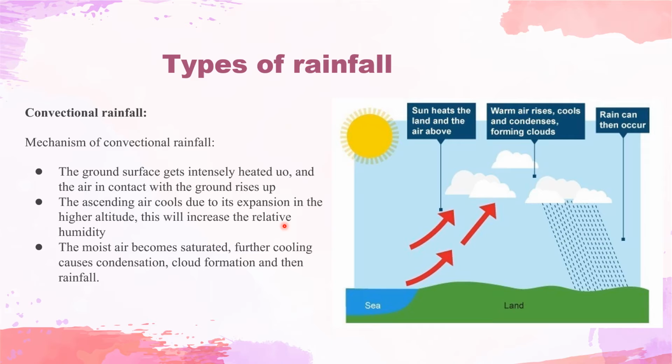Suppose it was 1 by 8 initially, but later it increases to 7 by 8 and then 8 by 8, that means it is full. When the relative humidity becomes 1, it is fully saturated. The moist air becomes saturated, further cooling causes condensation, cloud formation and then rainfall. So I hope you have understood the convectional rainfall.